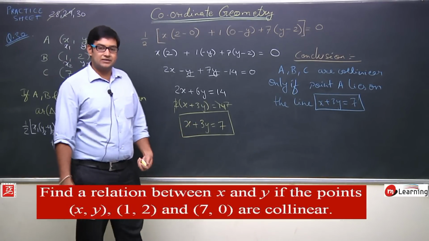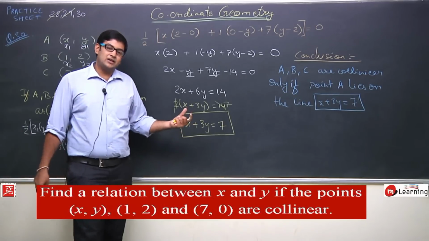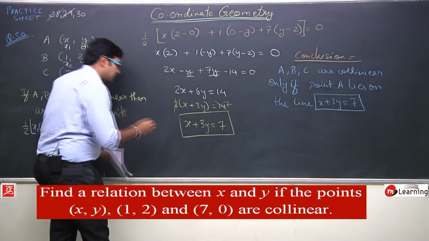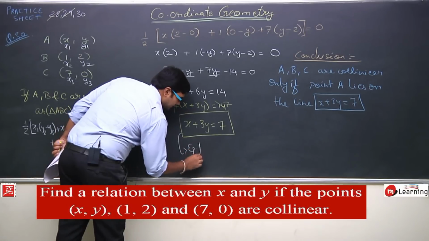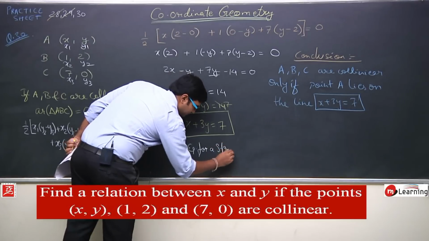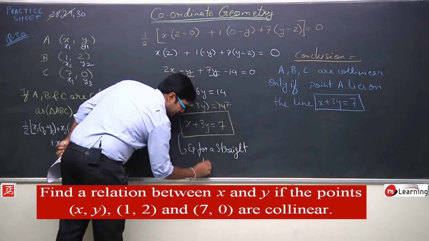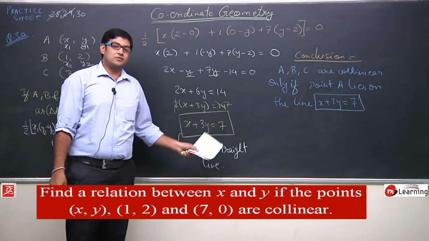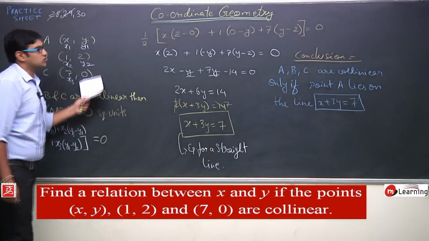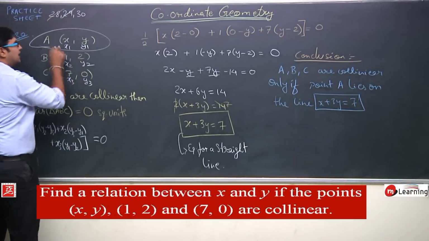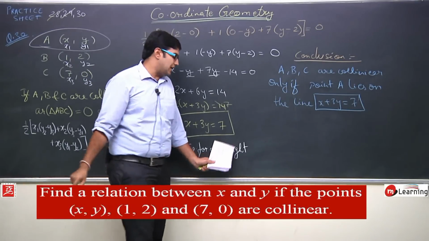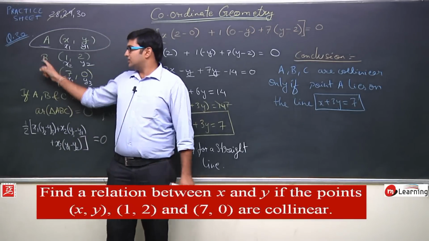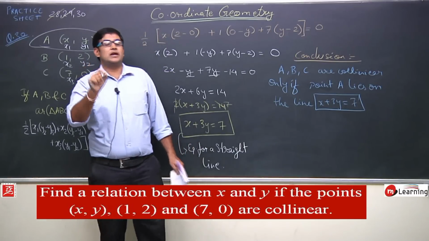So just remember, in linear equations we have studied this concept that the x and y which satisfy this relation lie on this particular line. Why? Because this is the equation for a straight line. So the x, y which will satisfy this relation, only for those x and y will these 3 points be collinear. So this means where should point A lie? Point A should definitely lie on this line. Every point lying on this line, if I join it with B and C, then the 3 points will become collinear.